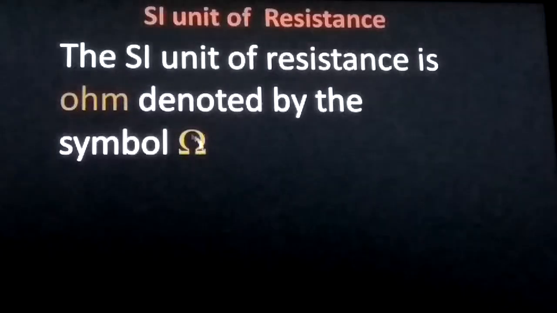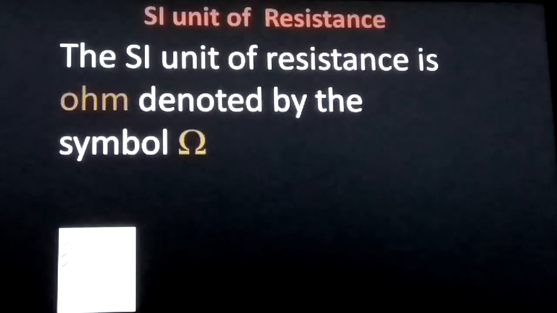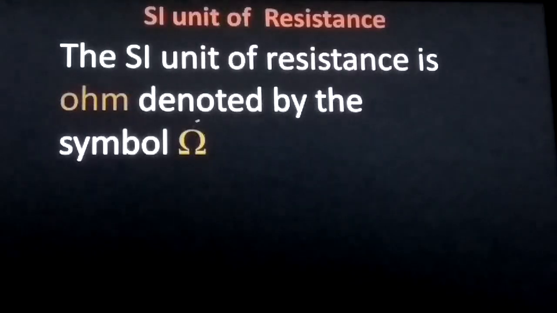It is denoted by this symbol, which represents ohm. This symbol is taken from the Greek letter omega.